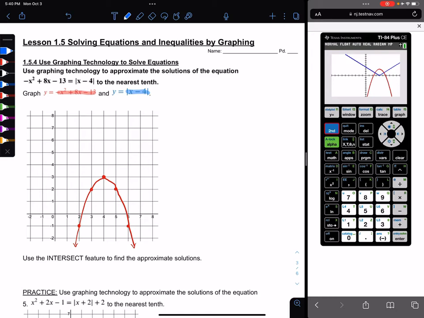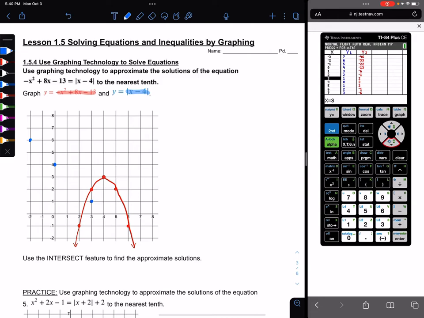So let's go to our table and pull some points. So we can go as far as negative 2. Negative 2, 6 works. Again, I'm not going to plot every single point here. I just need the shape of the graph. 0, 4. We'll go with 3, 1. 4, 0.